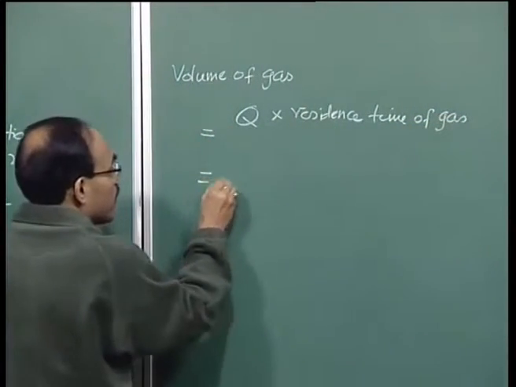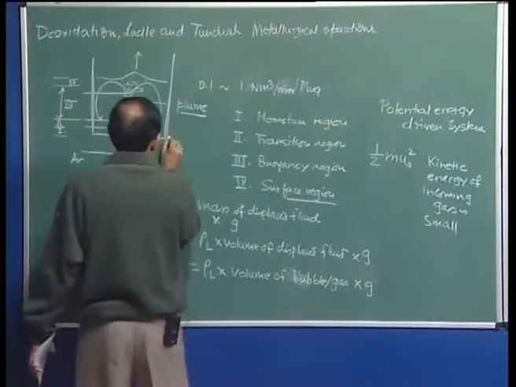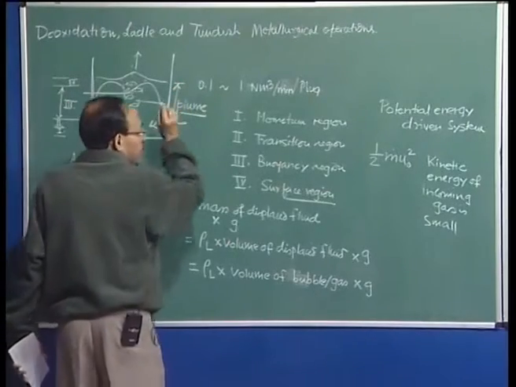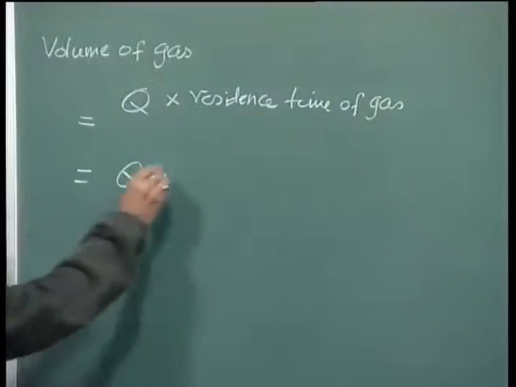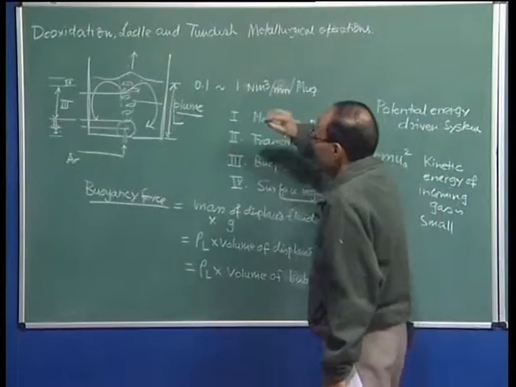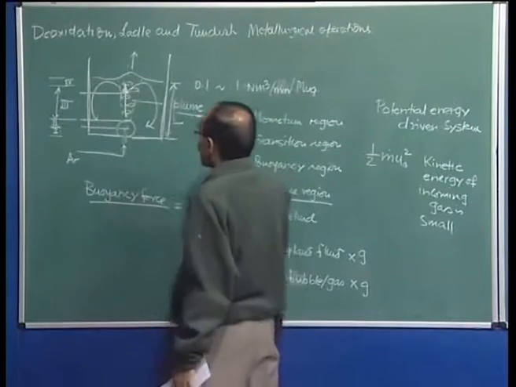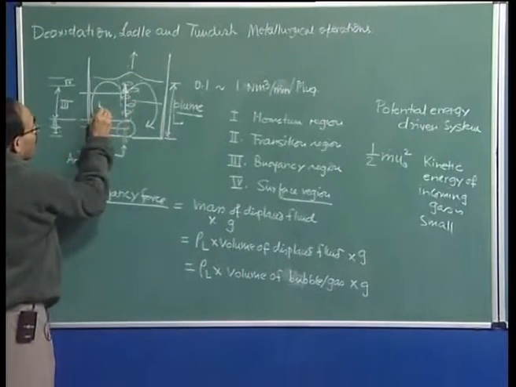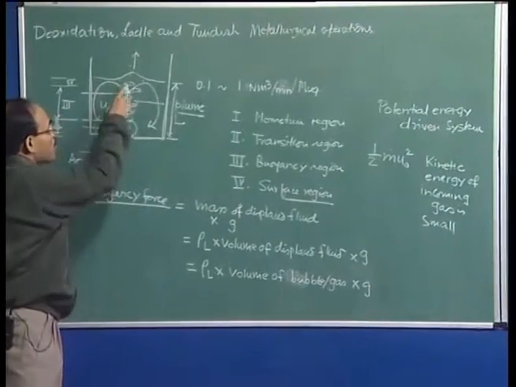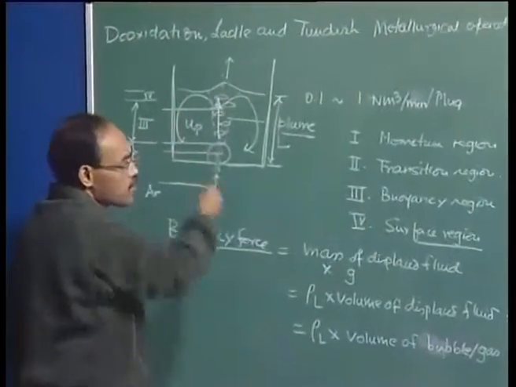Let this height be capital L, which we call the depth of liquid. In that case, the residence time is L divided by U sub P, in which U sub P represents the rise velocity. I am going to talk about it in greater detail later on. U sub P essentially represents the rise velocity of the gas liquid plume or the gas liquid mixture.